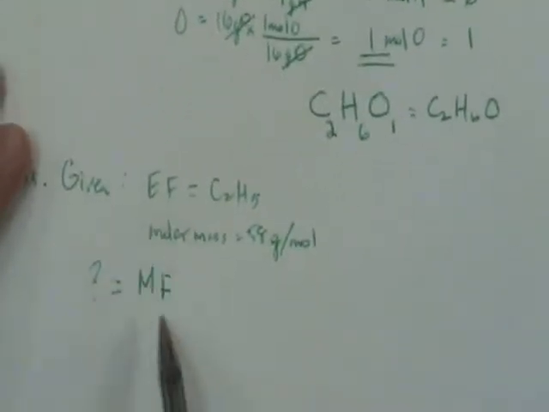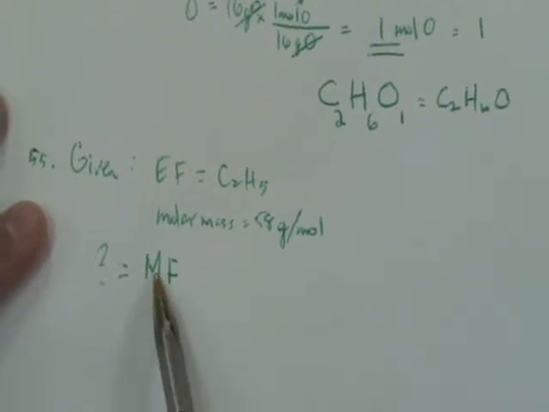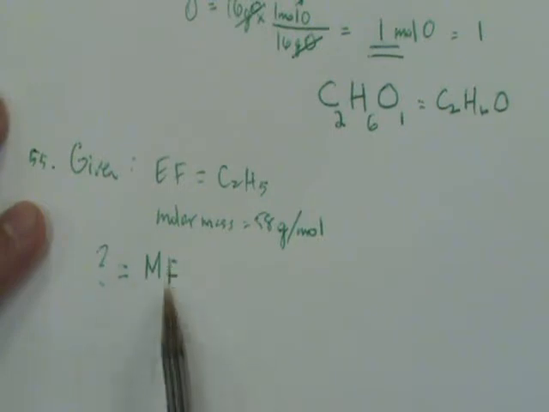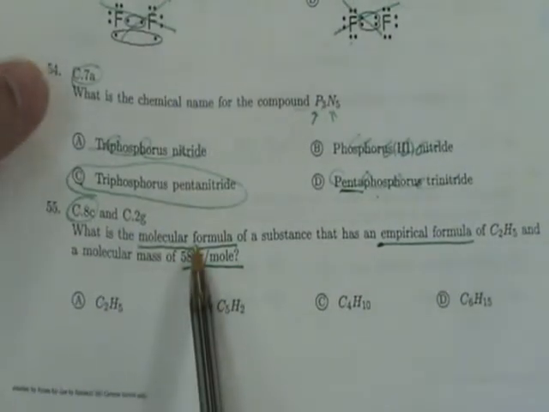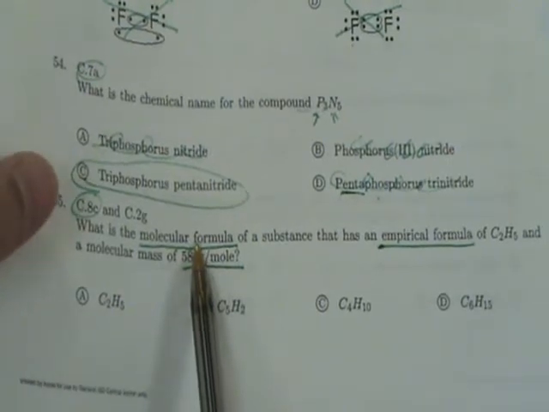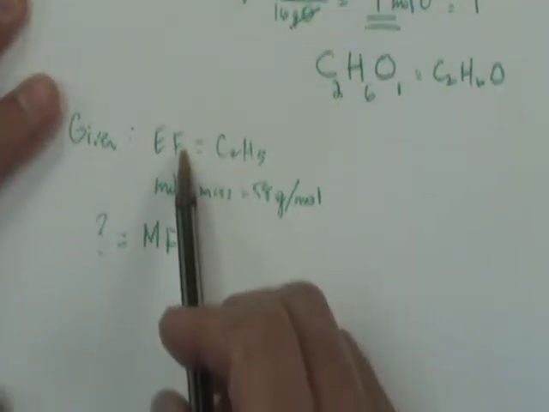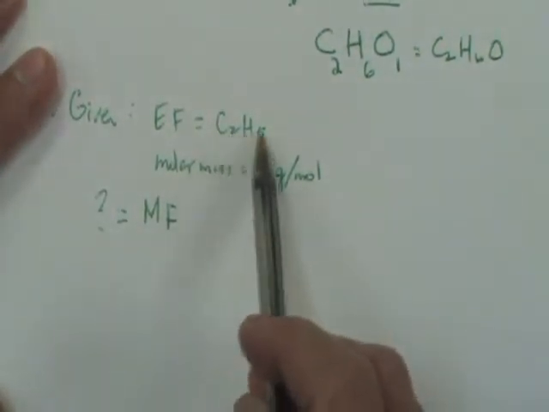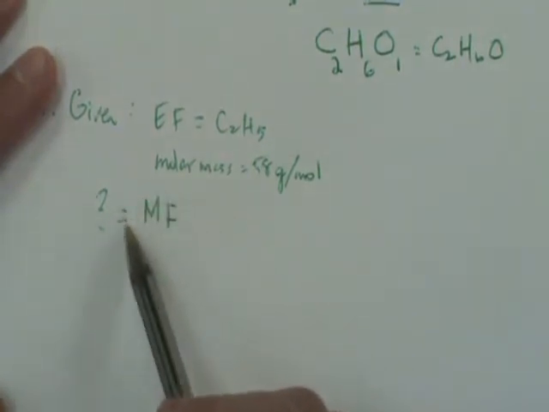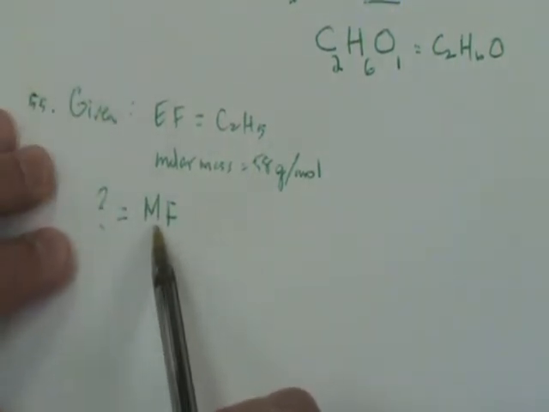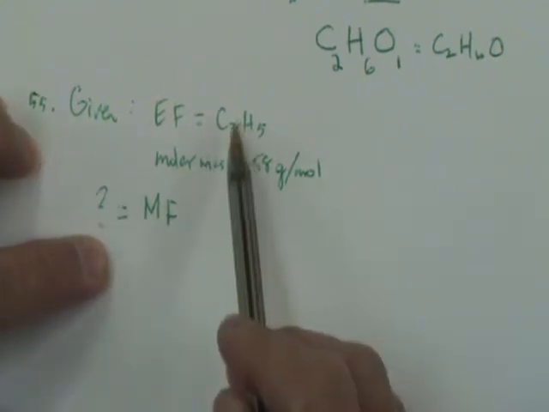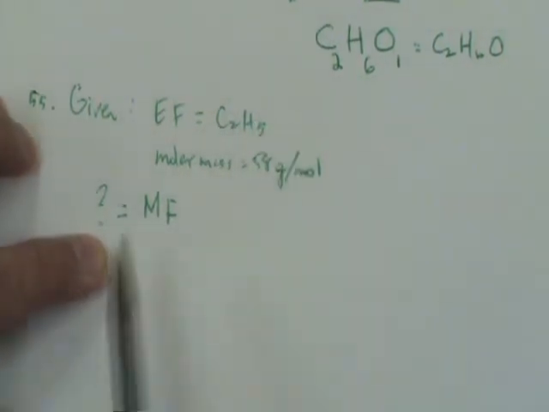Now, when we're looking at the molecular formula, this is the actual number of atoms in a given formula. So this is what we're looking for, the actual number of atoms. If you reduce this molecular formula to its simplest terms, it's going to come out as C2H5.